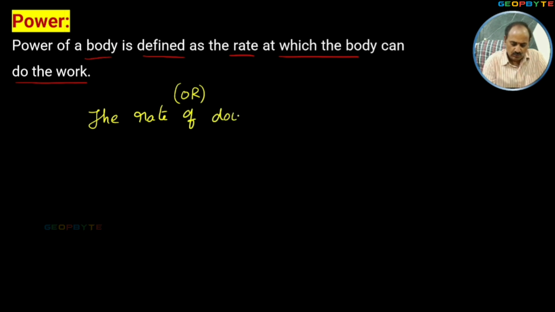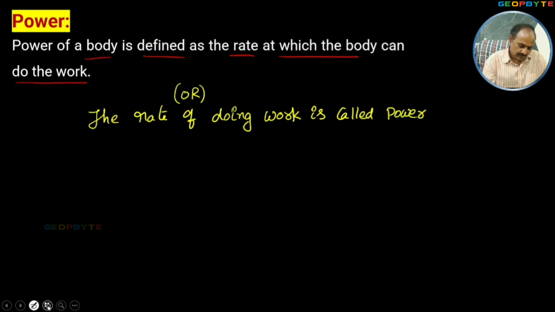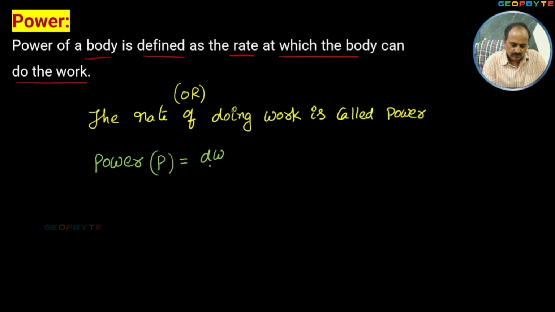Generally power is denoted with P, equal to the rate of doing work, dW by dt. It is simply the amount of work developed in a given time.